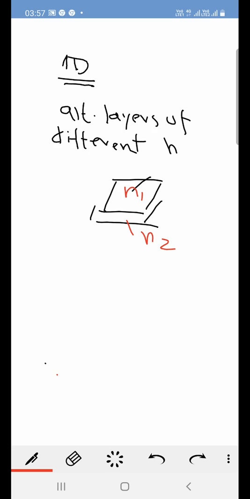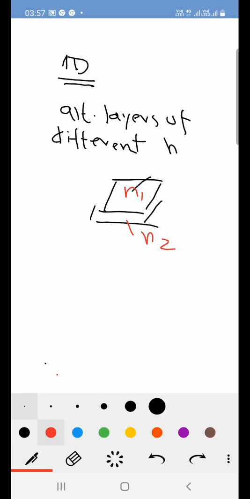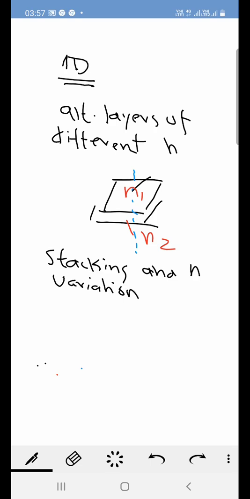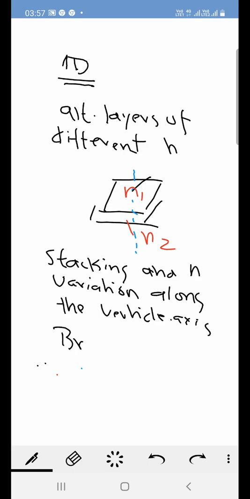It forms a one-dimensional photonic crystal, and the refractive index variation is along only the vertical axis. A good example is the Bragg grating.